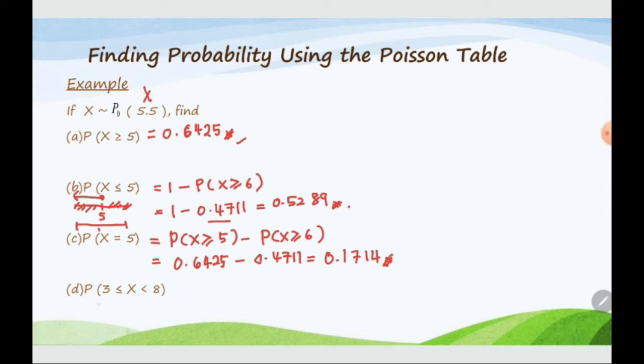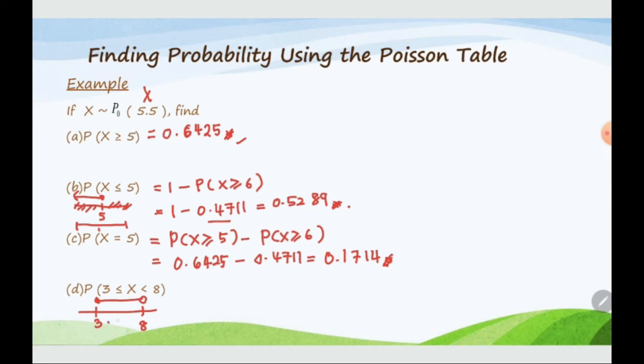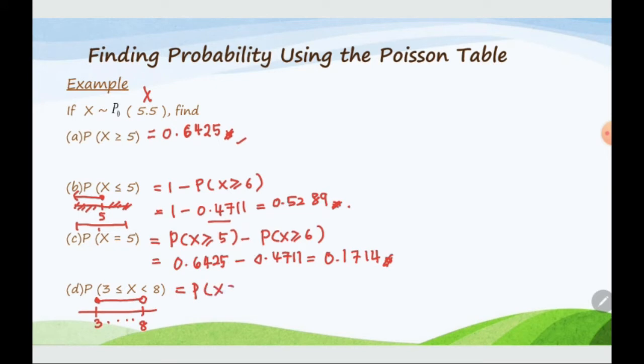And the last one, D, is 3 to 8, where 8 is not included. So we have to calculate 3, 4, 5, 6, 7. To read from the table, we take X greater than or equal to 3 minus X greater than or equal to 8. Because 8 is not included, we subtract at 8.